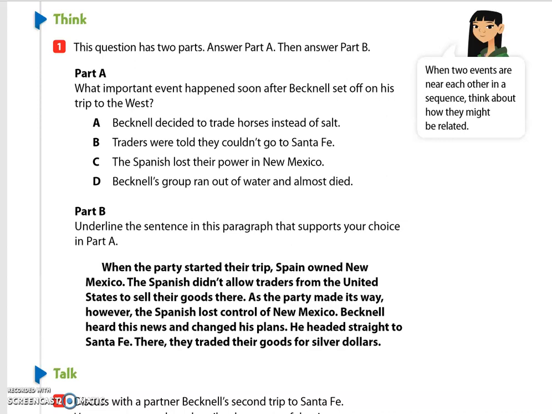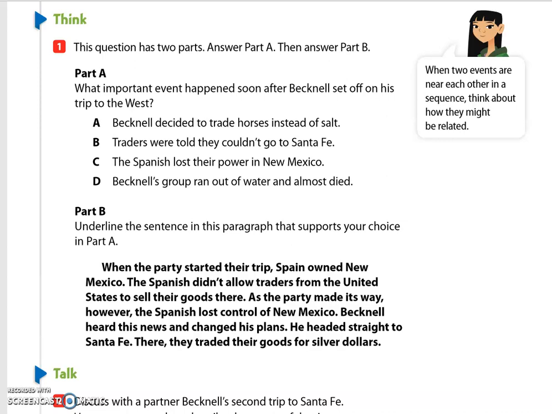A, Becknell decided to trade horses instead of salt. B, traders were told they couldn't go to Santa Fe. C, the Spanish lost their power in New Mexico. Or D, Becknell's group ran out of water and almost died.